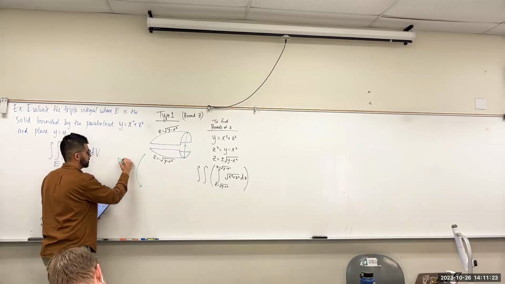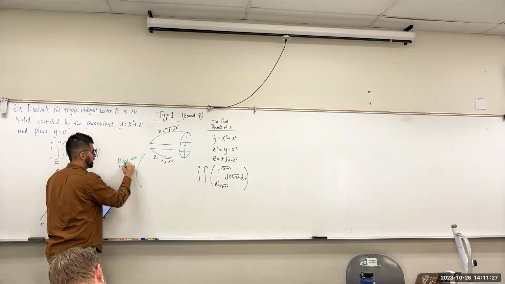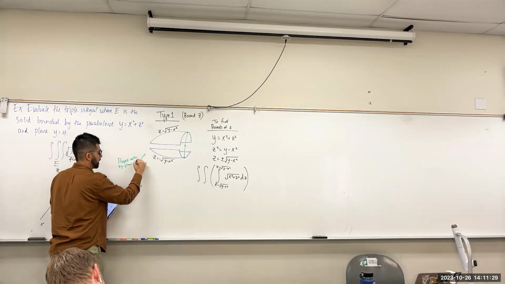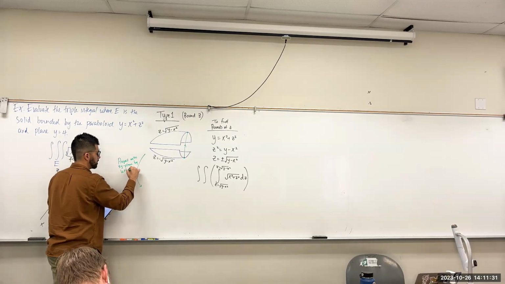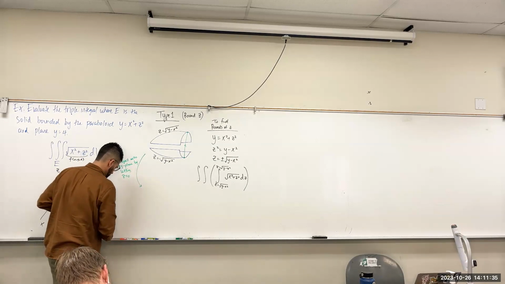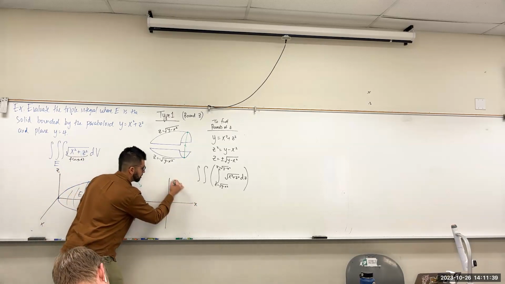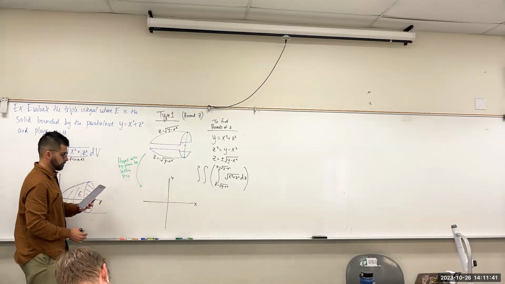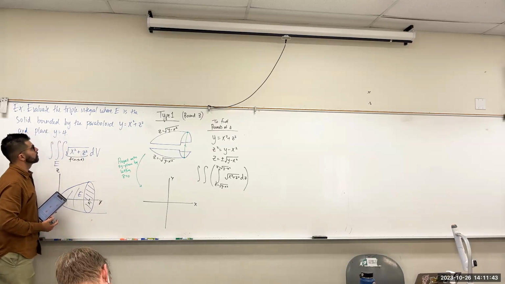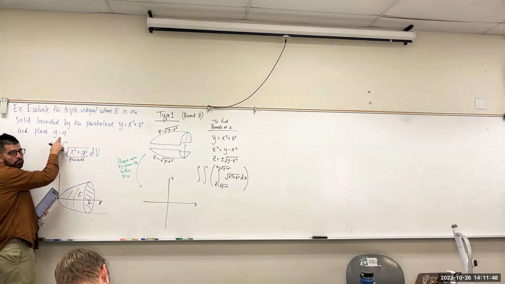So project onto the xy plane by letting z equal 0. But I can graph this one because there's no z, right?